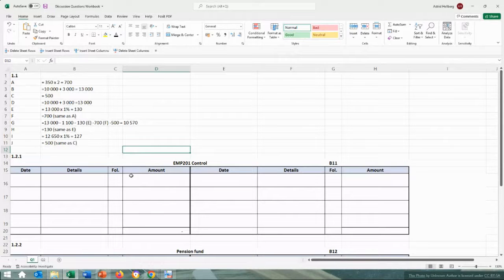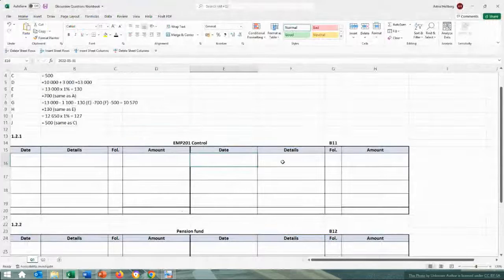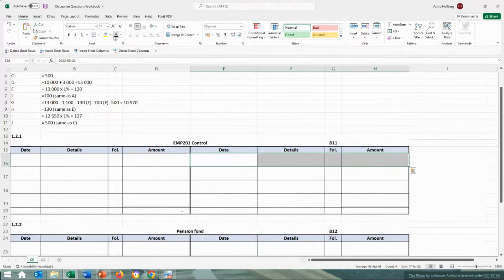Now what they also asked is that we complete these general ledger accounts. How we complete them is we need to total these columns and capture that. The first columns we would have to total are your pay as you earn, your UIF, your SDL in order to do the EMP 201 account. So our first entry would be our salary expenses.